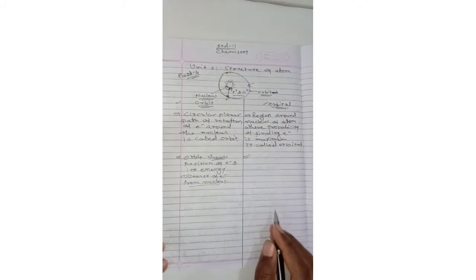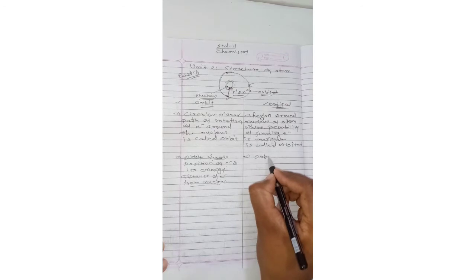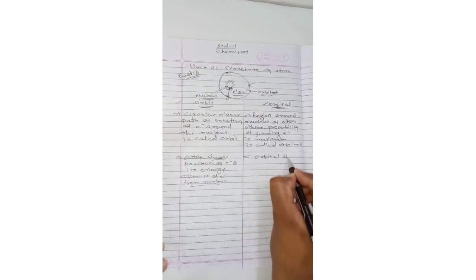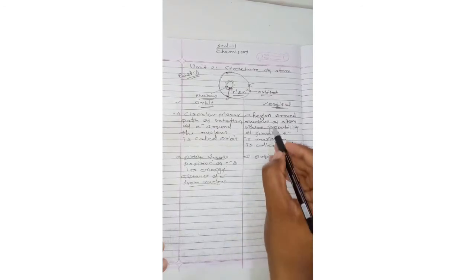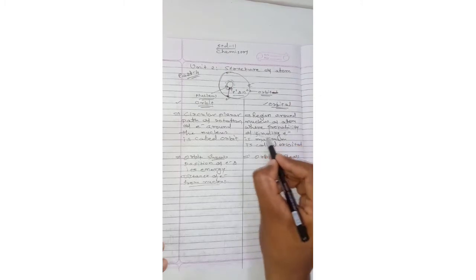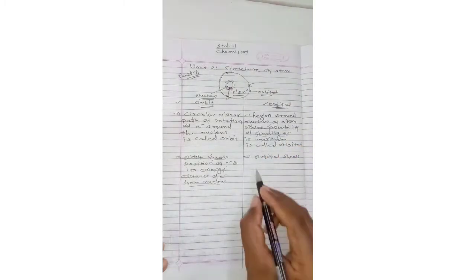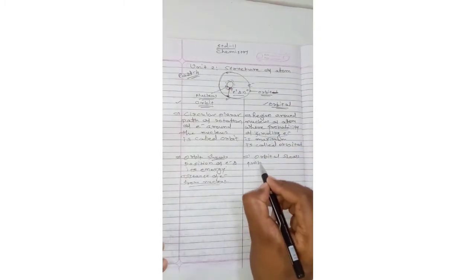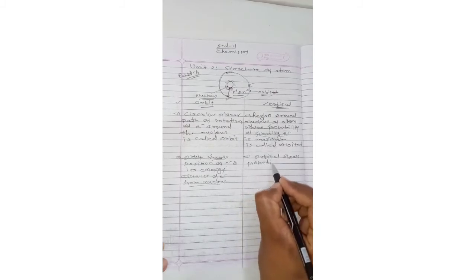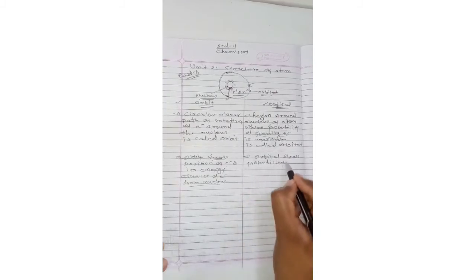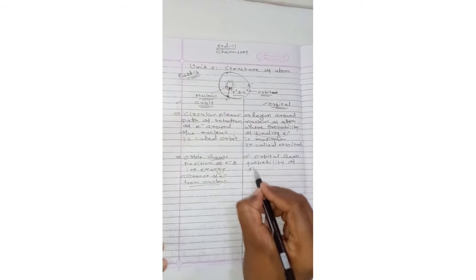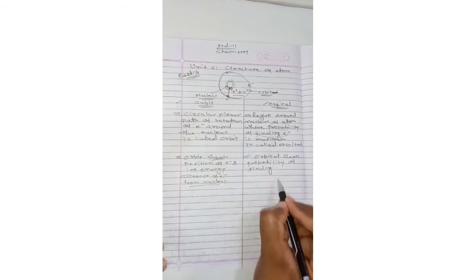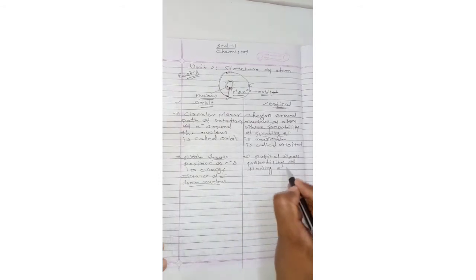For an orbital, it shows the probability of finding an electron.